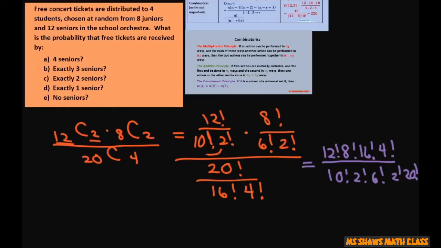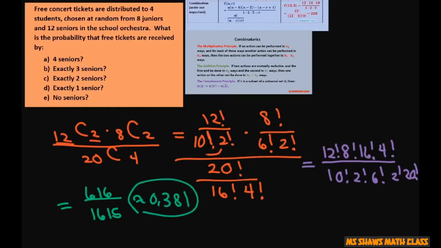Okay, so all that reduces to 616 divided by 1,615, which is approximately 0.3381. All right, the last two.